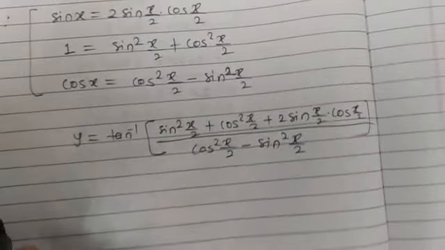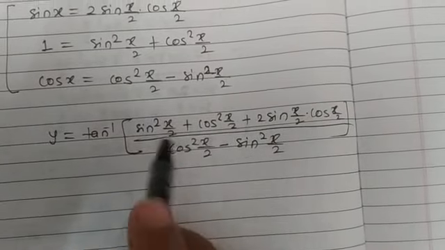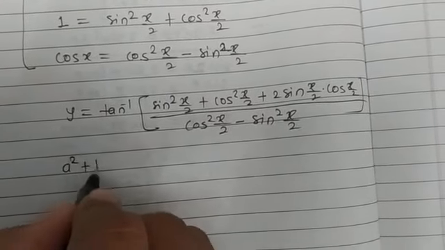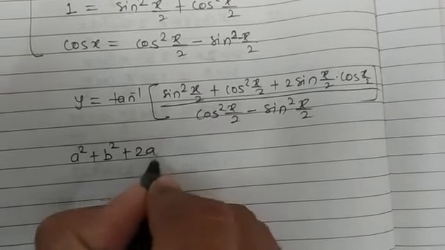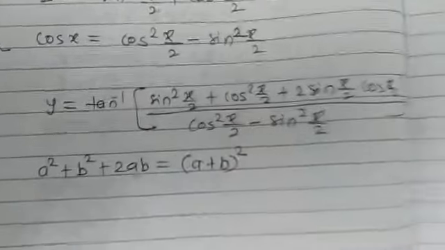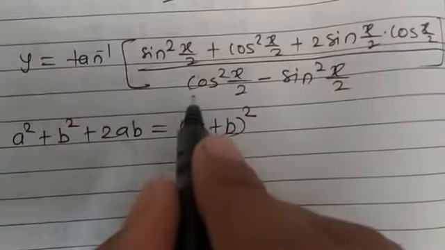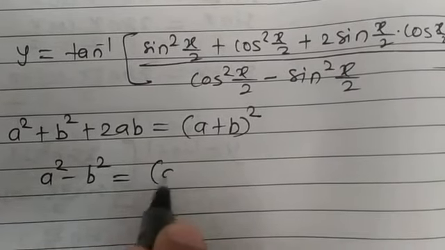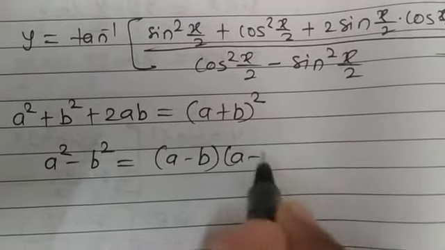Now if you observe this part, it seems like a square plus b square plus 2ab, so it is the expansion of what? (a plus b) whole square, and for the denominator its expansion is (a minus b) into (a plus b).